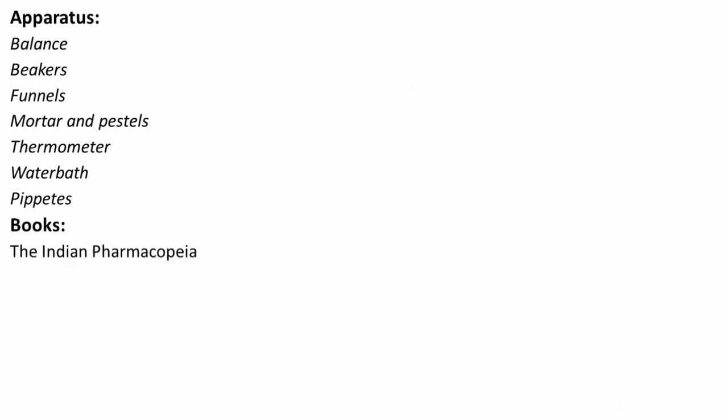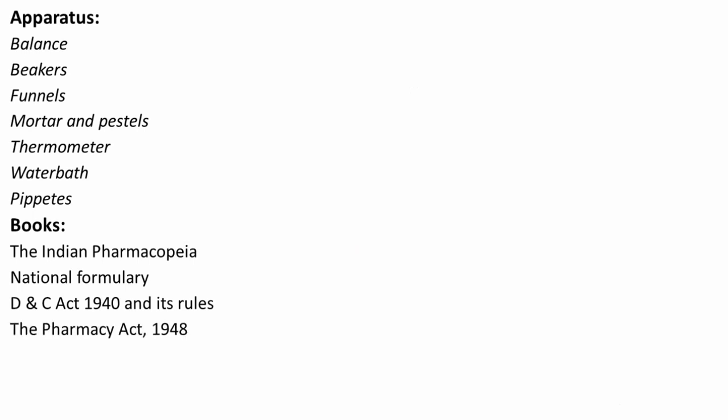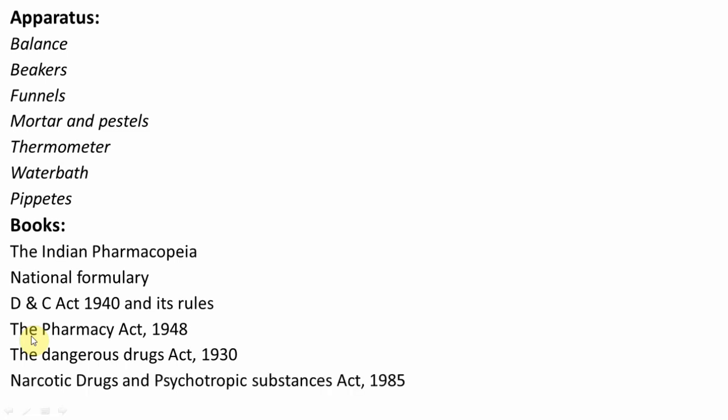There are so many apparatus, but I have kept only these 6 to 7 apparatus. Next, the books: the Indian Pharmacopoeia, National Formulary, D&C Act 1940 and its rules, the Pharmacy Act 1948, the Dangerous Drugs Act 1930, Narcotic Drugs and Psychotropic Substances Act 1985.